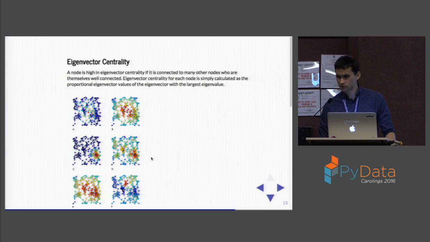For example, what else did we do? Closeness. We did closeness, right? So closeness centrality, I believe, is B here. This one is kind of like the patient 0 kind of thing, right?